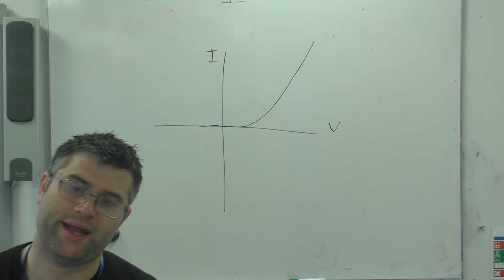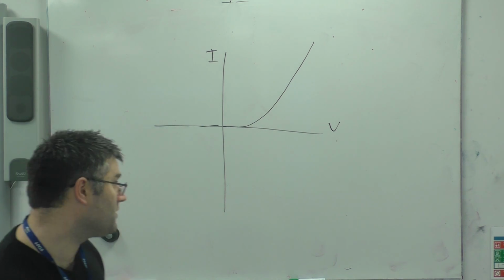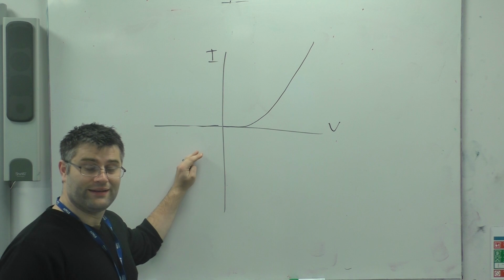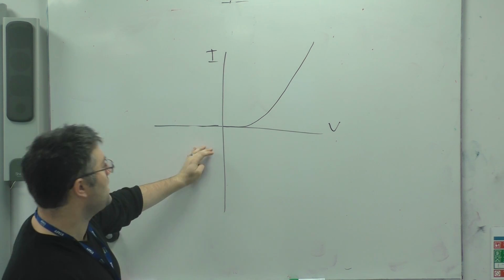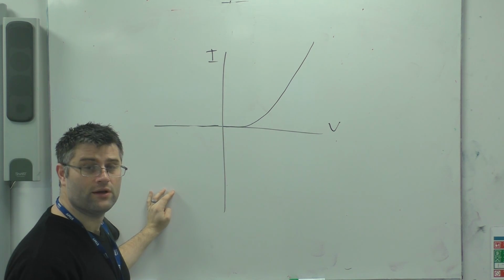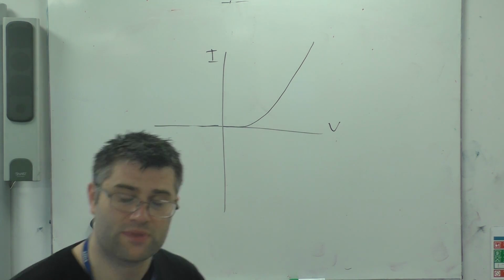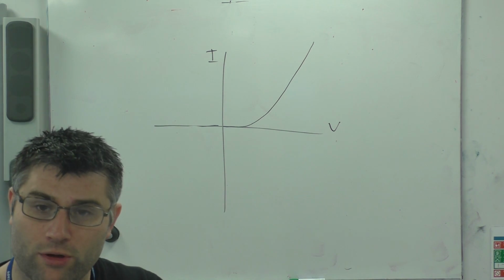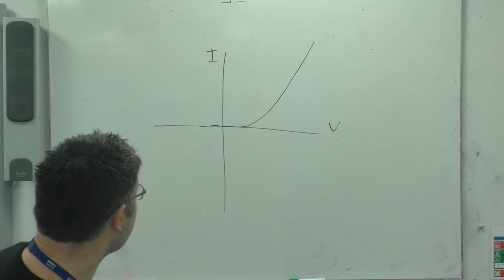This is why drawing a negative-positive graph is so important, because diodes, being a non-ohmic component, don't have a negative portion of the graph. Why? Quite simply because, as we've already said, diodes only allow current to flow in one direction, generally the positive direction.